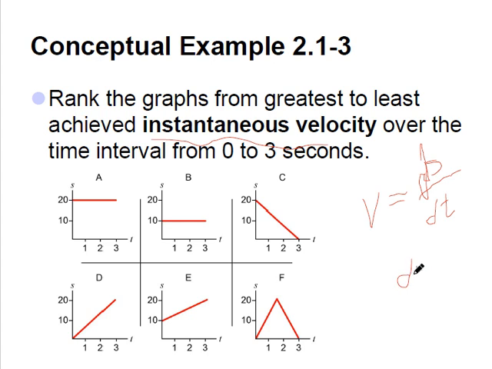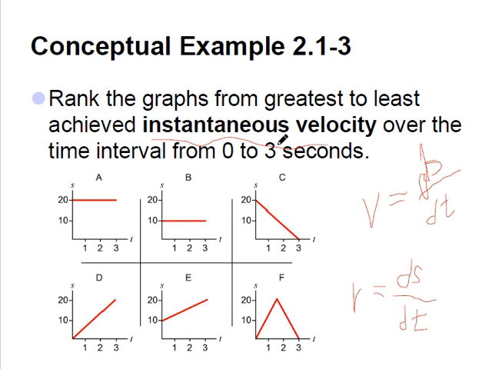I should write it this way better: delta s divided by delta t. That's your instantaneous velocity. My handwriting is very bad, so don't be like me. My handwriting is chaotic, but inside of my brain, it is very clear.